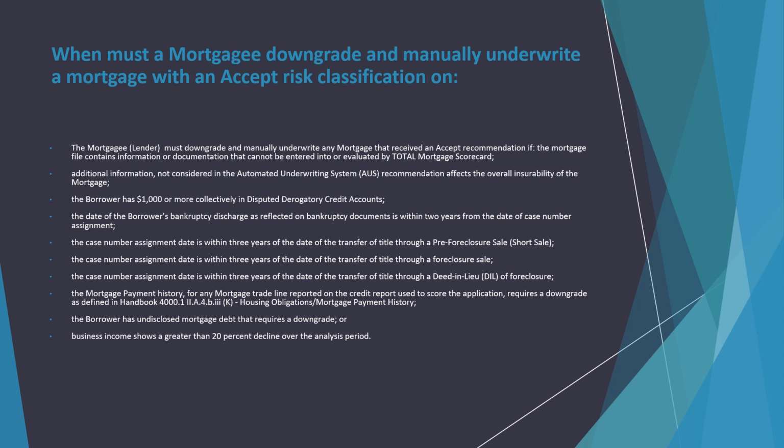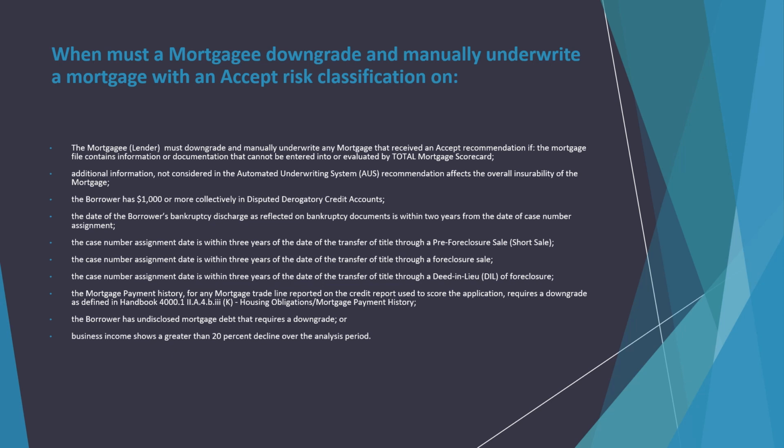A very big one that I've seen a lot of people miss is the mortgage payment history for any mortgage trade line reported on the credit report used to score the application requiring a downgrade as defined in Handbook 4000.1. You might ask, what does this mean?